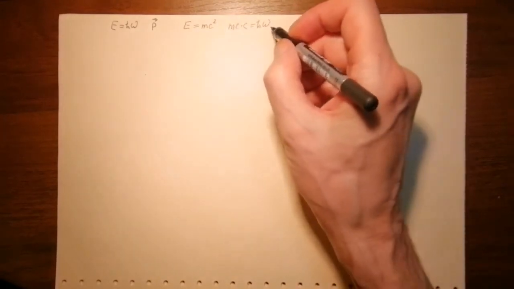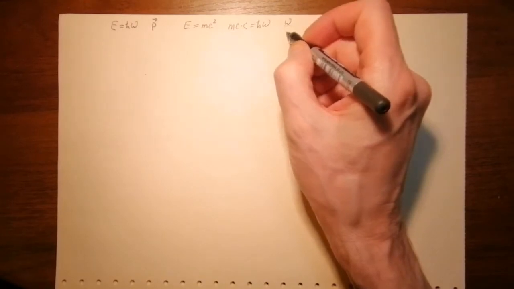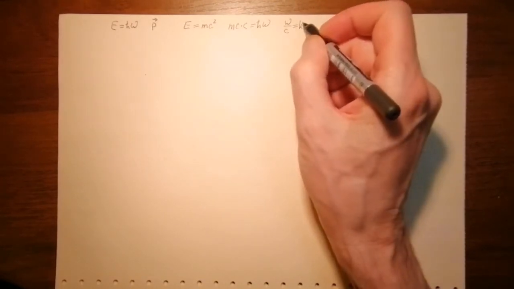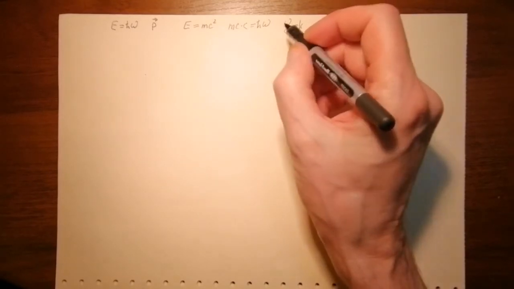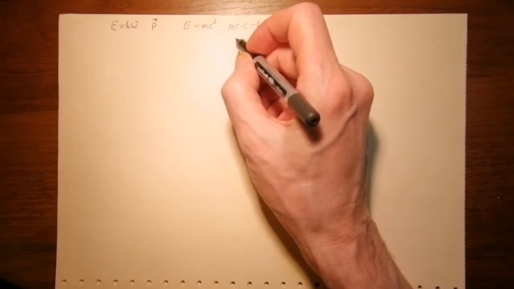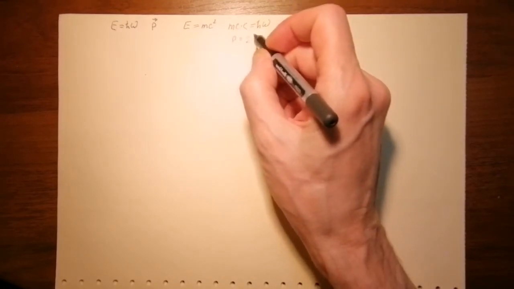On the other hand, omega divided by c is k, the wave number. So we have that momentum is hk.